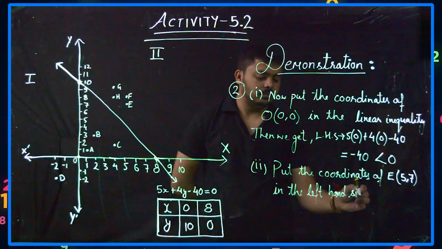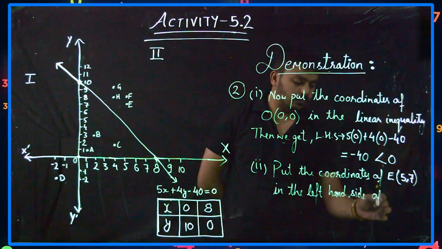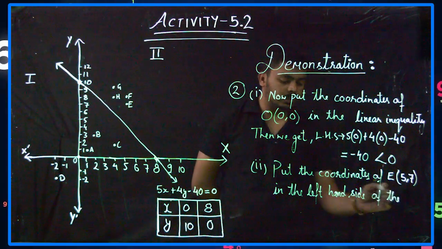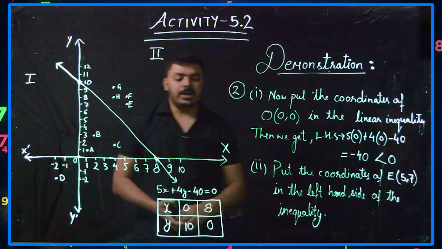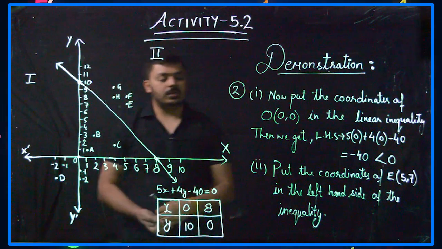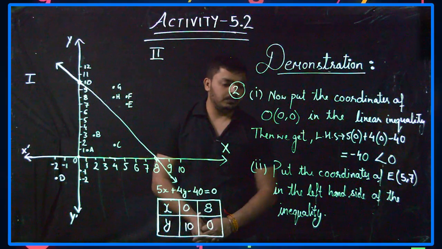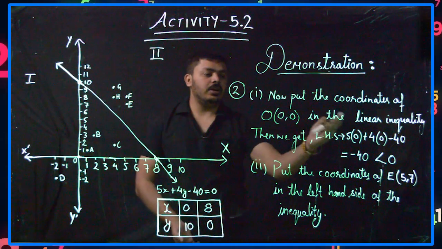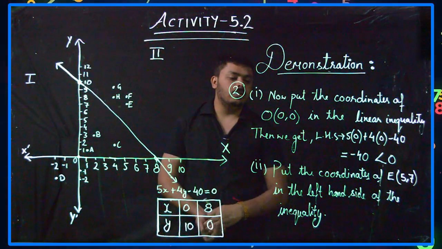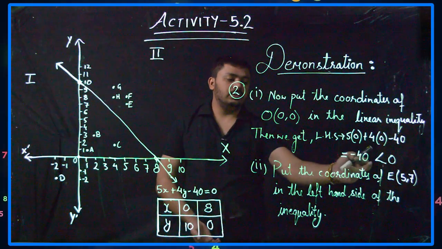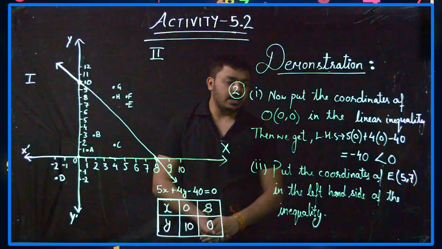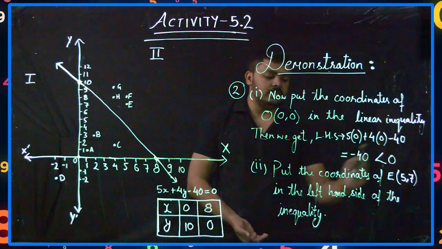So our inequality is 5x + 4y - 40 < 0. As we have put the coordinates of O in the given inequality, the LHS satisfies our RHS, that is -40 is less than 0.